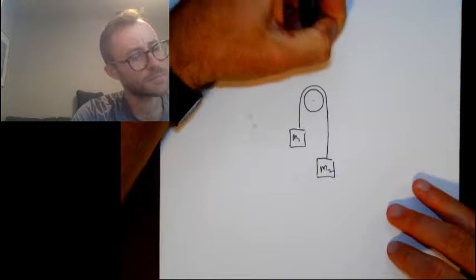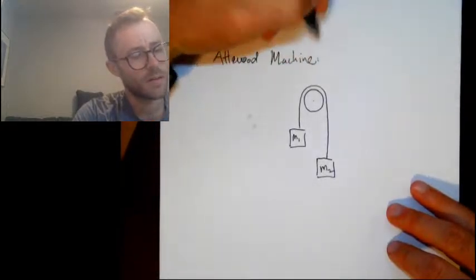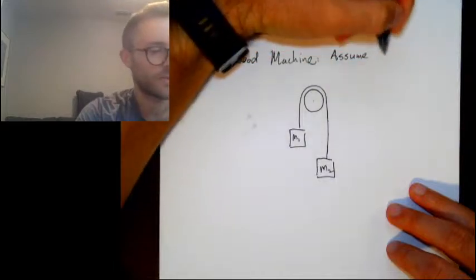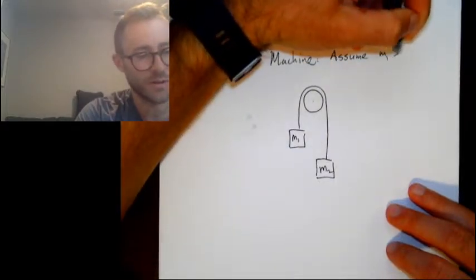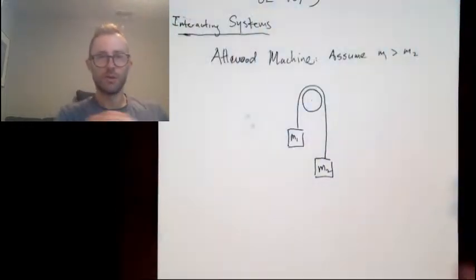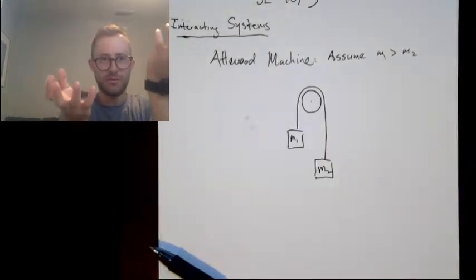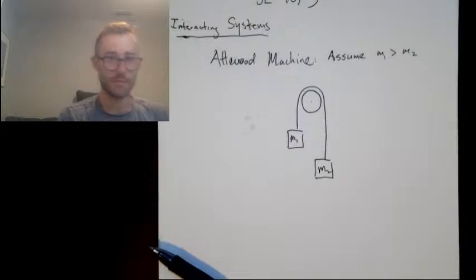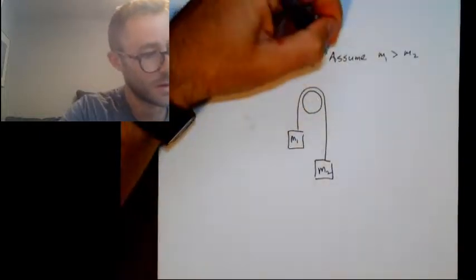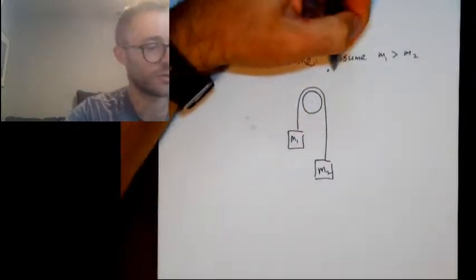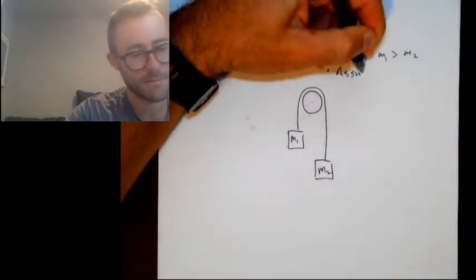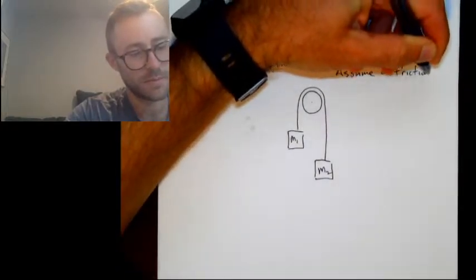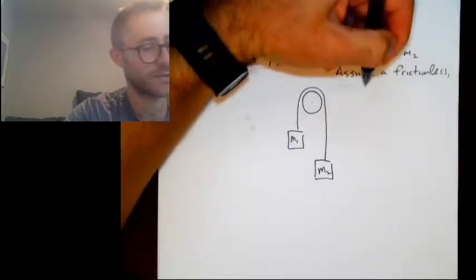So let's assume that M1 is greater than M2. What that means is that M1 is going to fall and M2 is going to rise. We are also going to assume a frictionless, massless pulley.